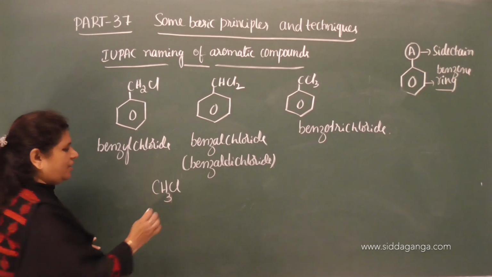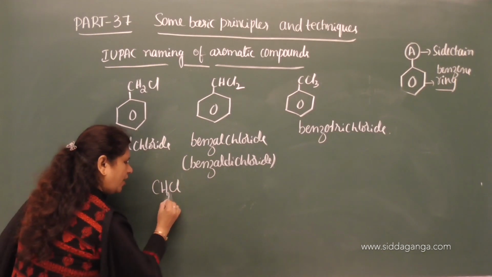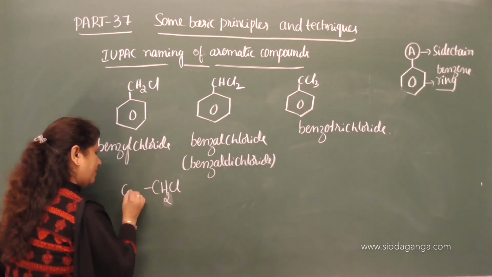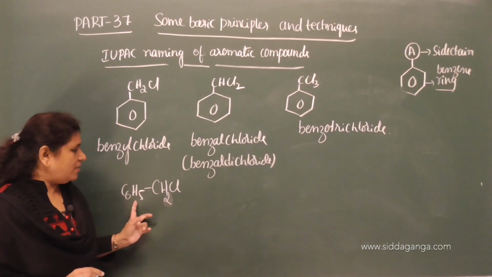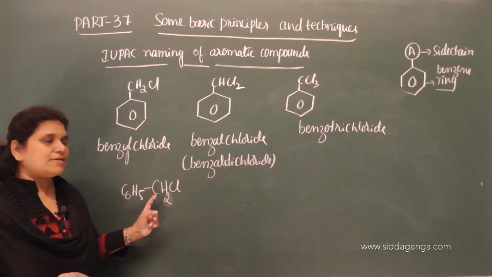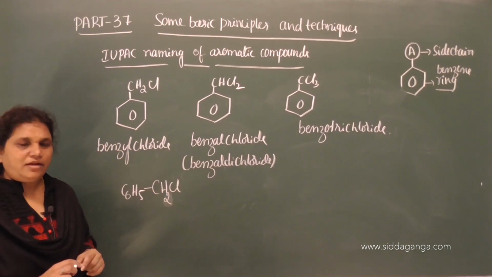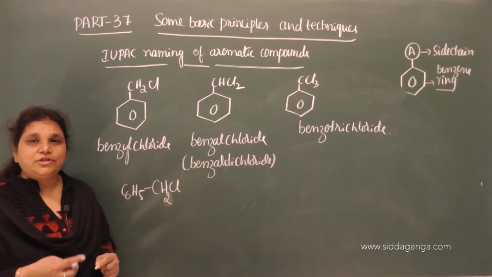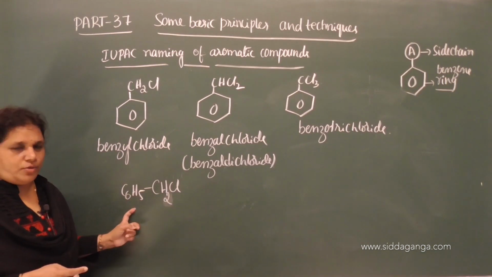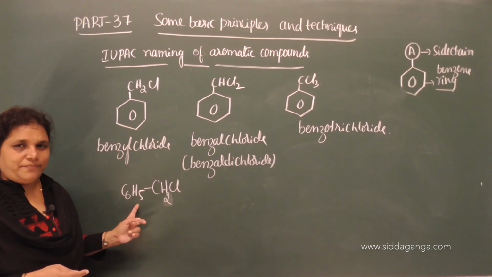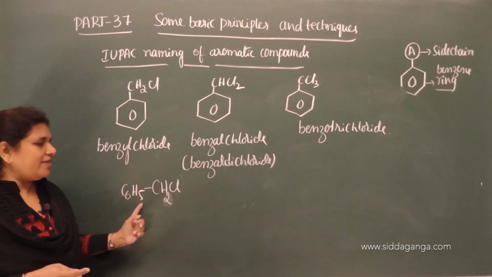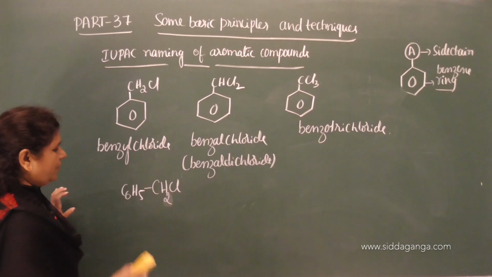Now remove one more hydrogen and replace it by C6H5, then it becomes phenyl chloro substituted methane. So, methane gets substituted by two substituent groups, one is chlorine, another one is phenyl. You need to arrange them in alphabetical order.